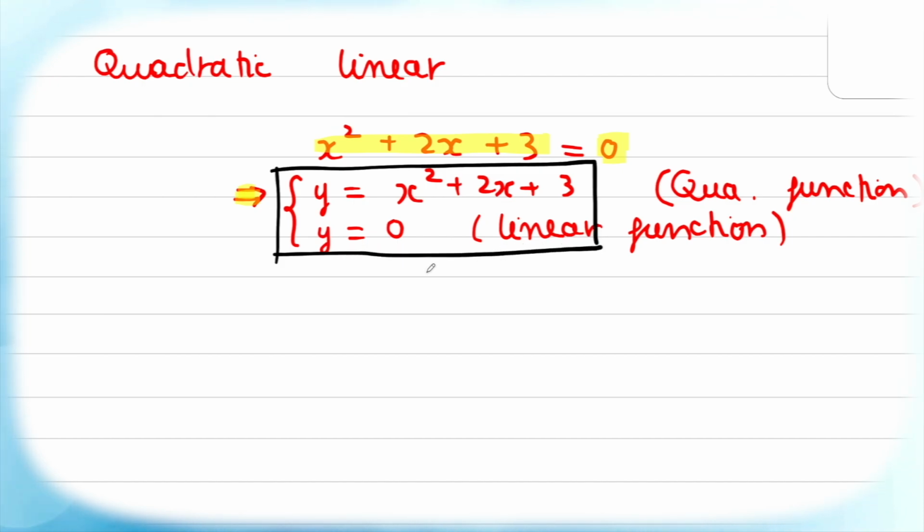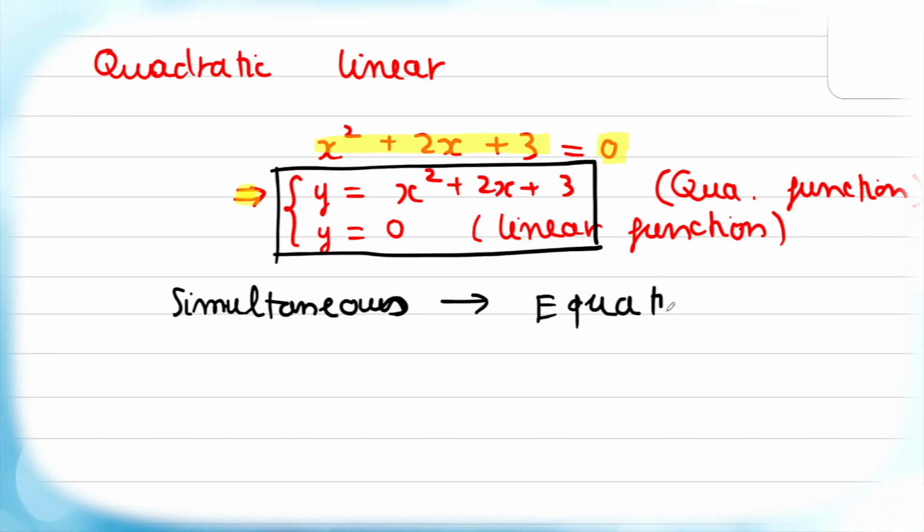Here we call that a simultaneous equation. From a simultaneous equation, we can convert it to an equation, and of course from the equation we can understand it as a simultaneous equation.